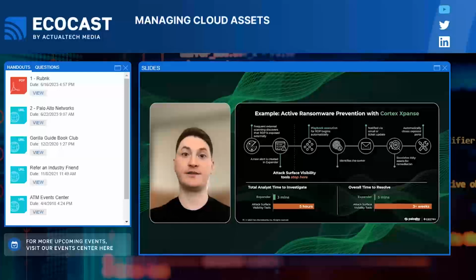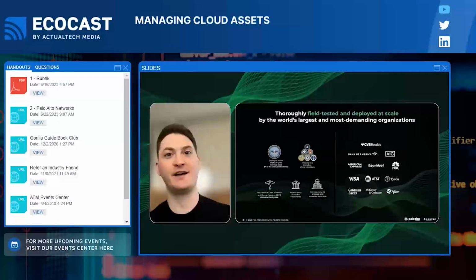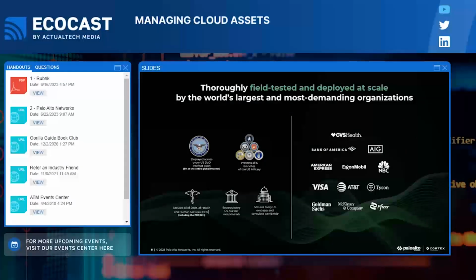So by any size, just for quick reference on where we are deployed and where the solution I just described is working, we are operating with the largest organizations in the world, including the US Department of Defense, where our attack surface management program covers systems that are used by literally millions of people and have literally hundreds of millions of IP addresses that are actively monitored in Expander, totaling about 10% of the entire IPv4 routable space.